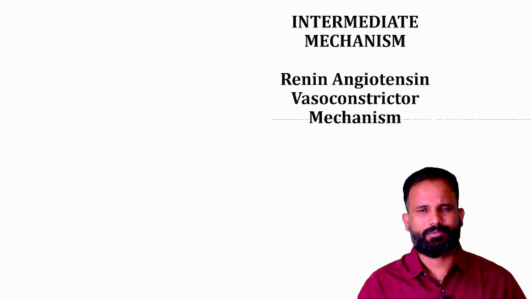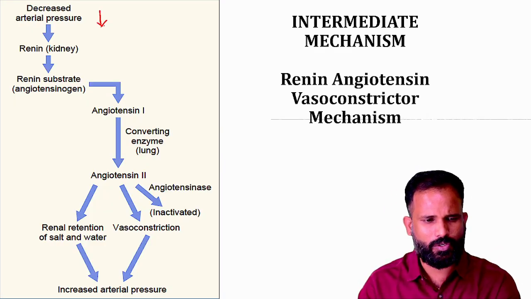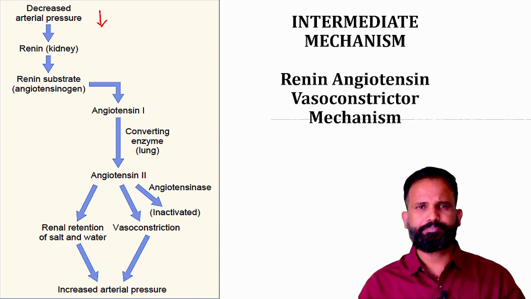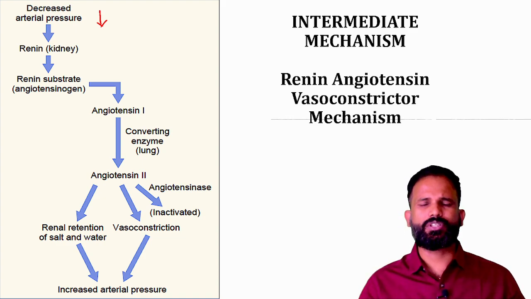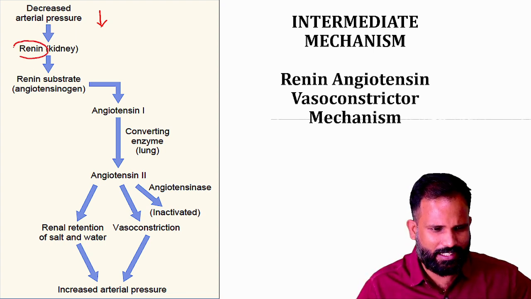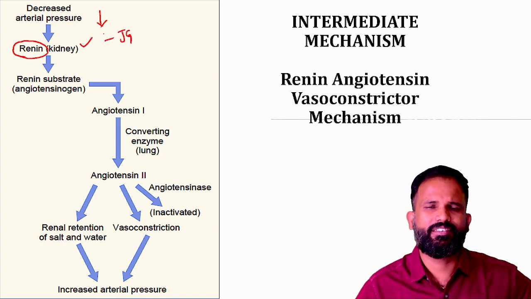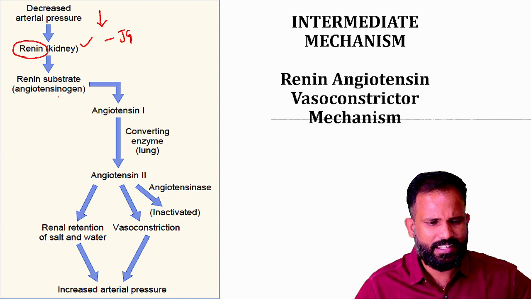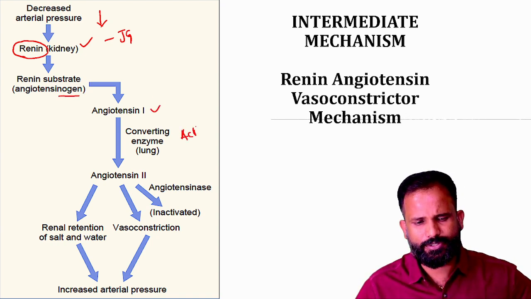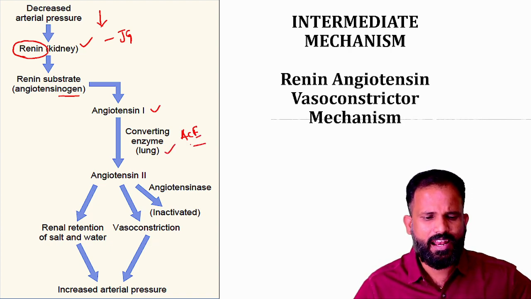Then intermediate mechanism. We already know renin-angiotensin mechanism. So whenever the BP is lowered, the kidney thinks that the blood volume is low. So it tries to conserve it by releasing a substance from macula densa which is activated and activates the JG cells to release renin. Whenever the renin is released, it converts angiotensinogen to angiotensin 1. It is converted into angiotensin 2 by angiotensin converting enzyme which is present in the lung.